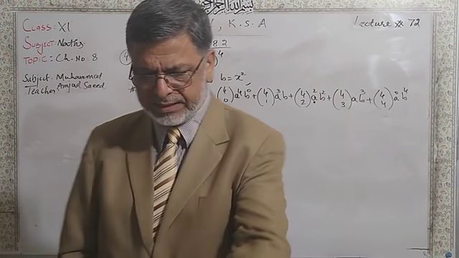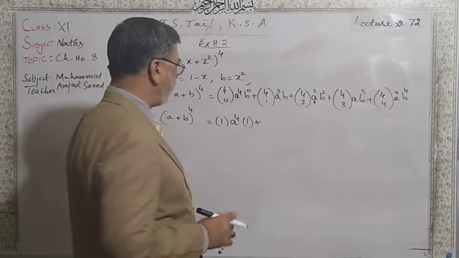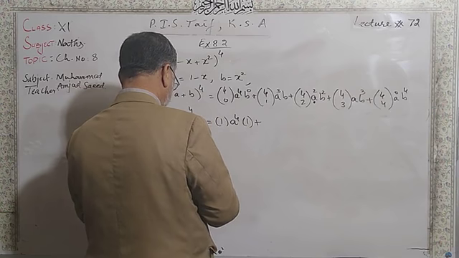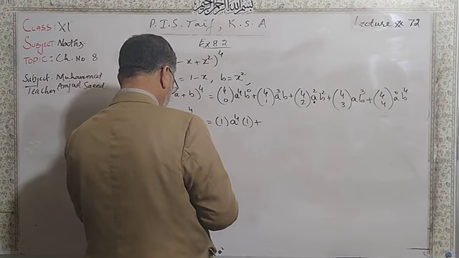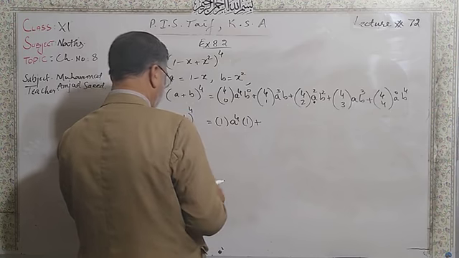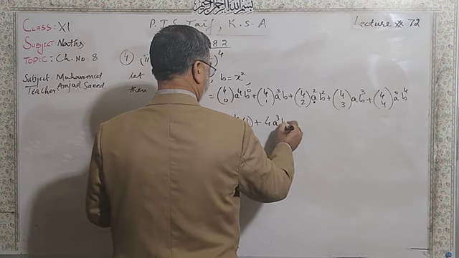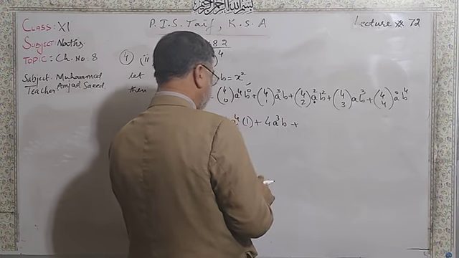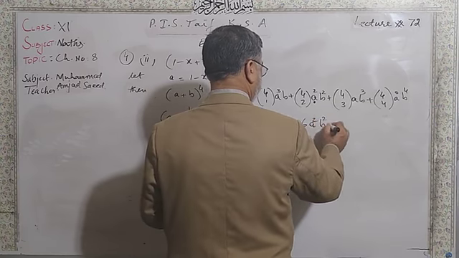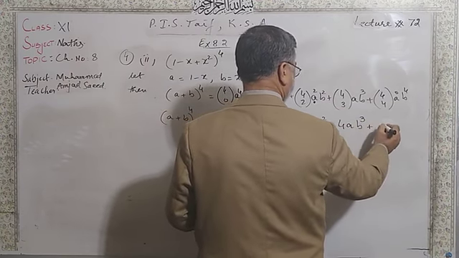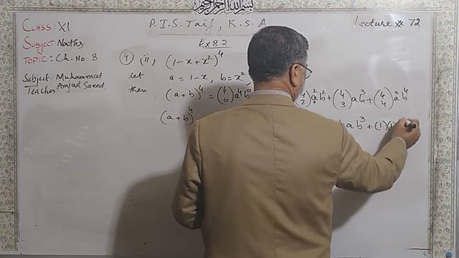Then 4c1 is 4, so 4a cube b, then 4c2 is 6 a square b square, 4c3 is 4ab cube, and 4c4 is 1 and b4.